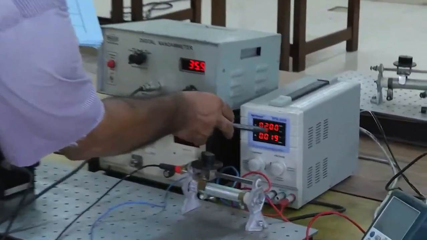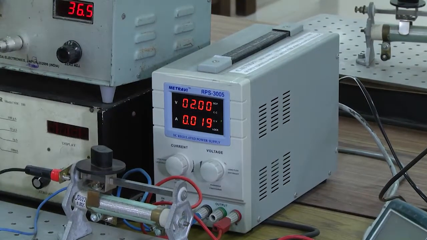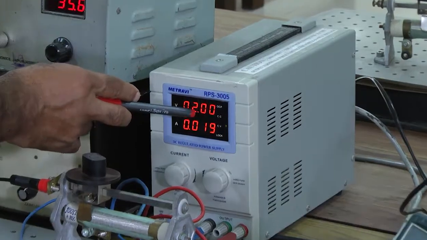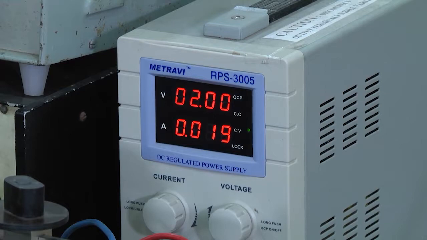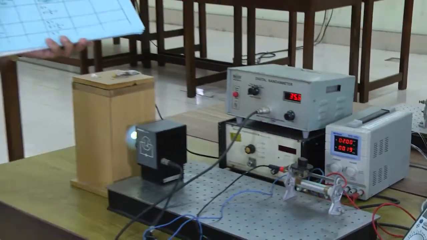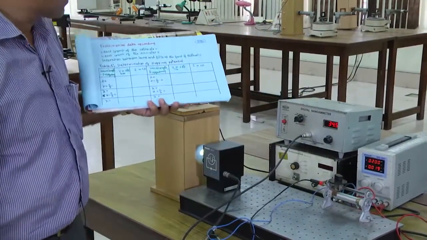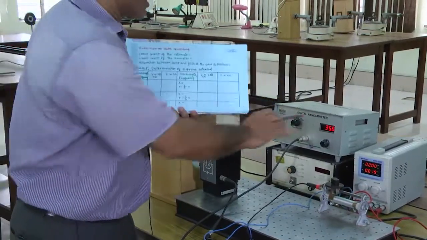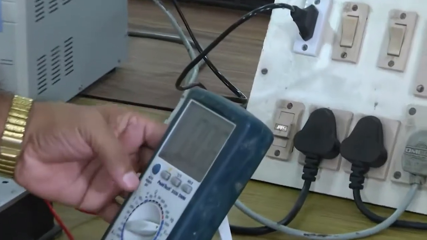Here you can see 0.00, in volts, and after the decimal there are 2 digits, which means 10 millivolt is the least count. Oh, sorry, it's the voltmeter, not that one. It's here. So, the voltmeter basically.